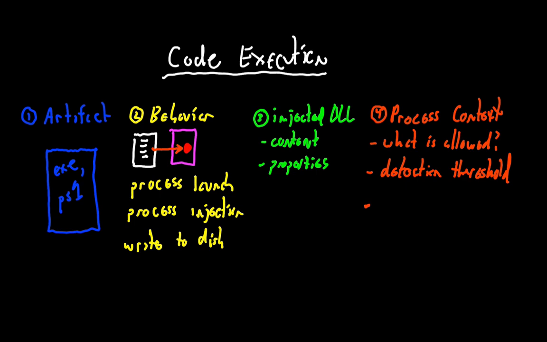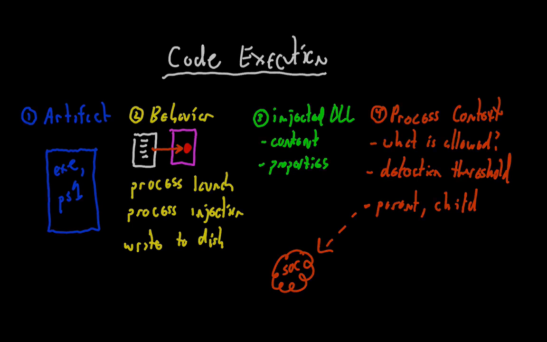And be aware, your process context is not just your current process. Your process context consists of your parent and child process. And an odd parent-child process pair may get more scrutiny than a normally observed parent-child process pair. And be aware that this information is often aggregated to a SOC to look for anomalous activity happening on targets in their environment.